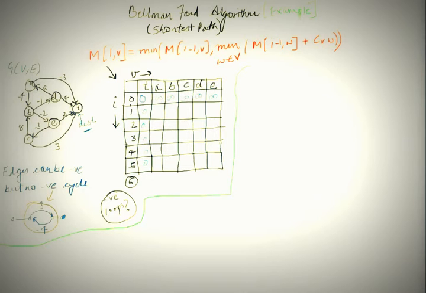If you have 0 edges to go from source to destination, then you can't do it, because if you want to go from A to T, you have to use at least one edge. So all of them are infinity except for T, which will be 0, because I'm going from T to T. It requires 0 distance.